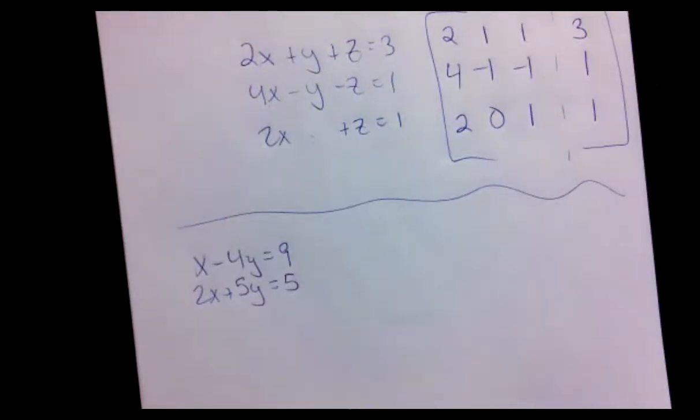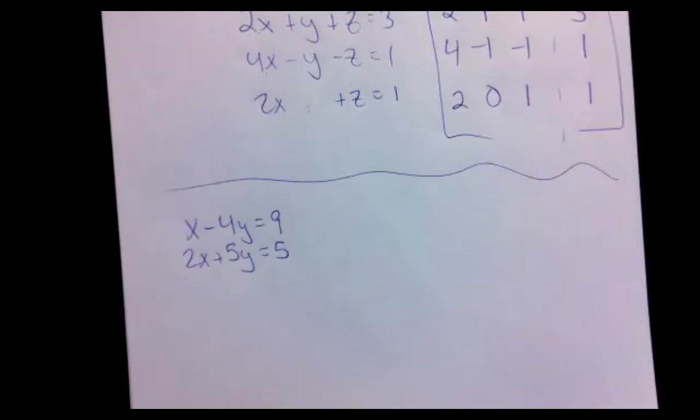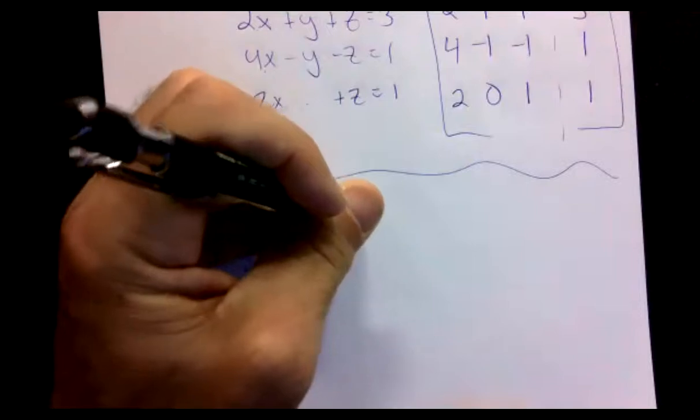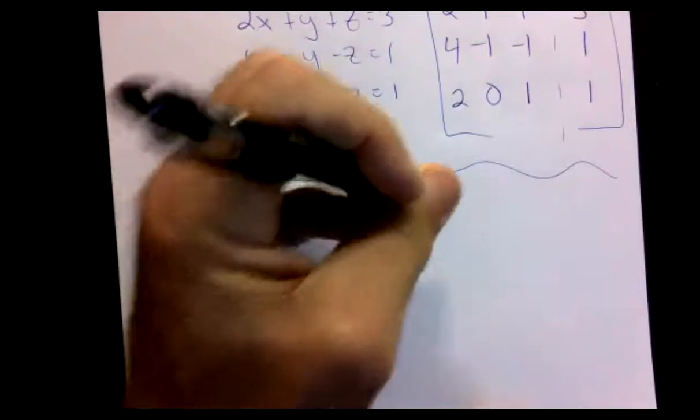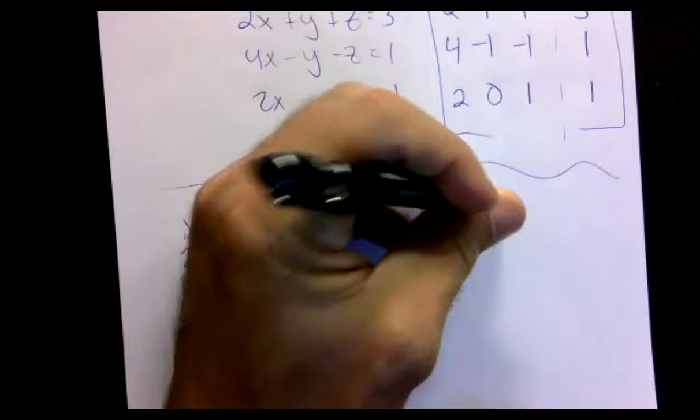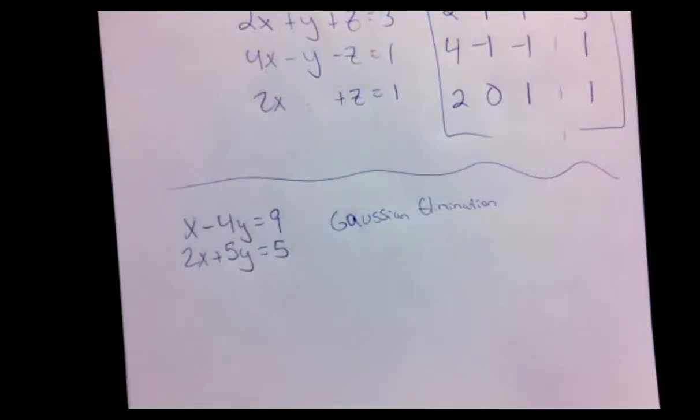All right. We're going to take a 2-variable linear system, and we're going to solve by what they call Gaussian elimination. So just kind of follow along with me.